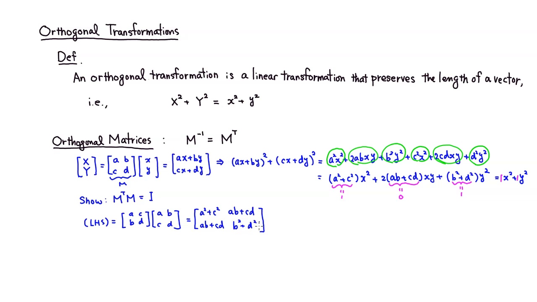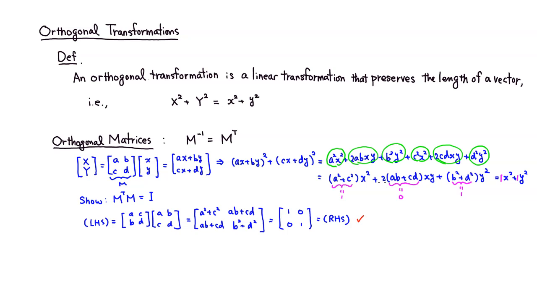Then, magically, we know every single one of them. We know that A squared plus C squared is 1. We know that AB plus CD is 0, and that's the same thing. And B squared plus D squared is 1, which is the identity matrix, the right-hand side of the equation we are trying to establish. So this is already verified.